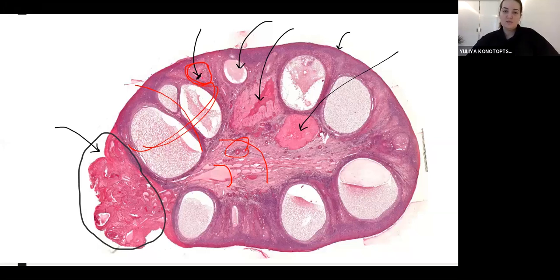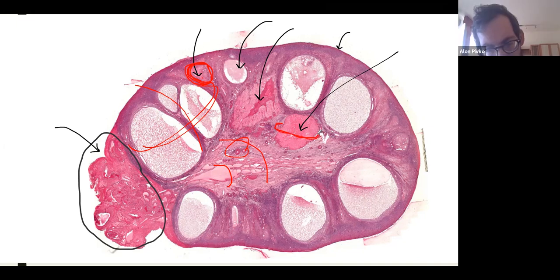So here, this structure, this is a corpus fibrosum. So this cystic corpus atreticum should break down and become the corpus fibrosum that you can see here. This is a scar from a previous ovulation. So this is corpus fibrosum.